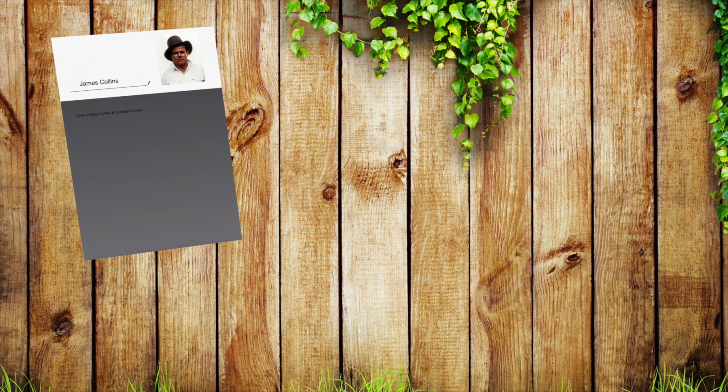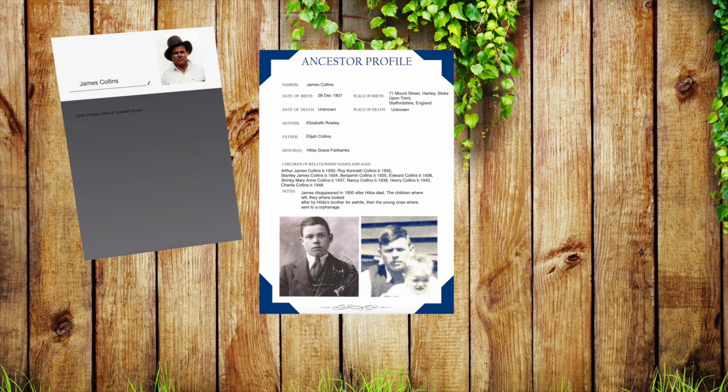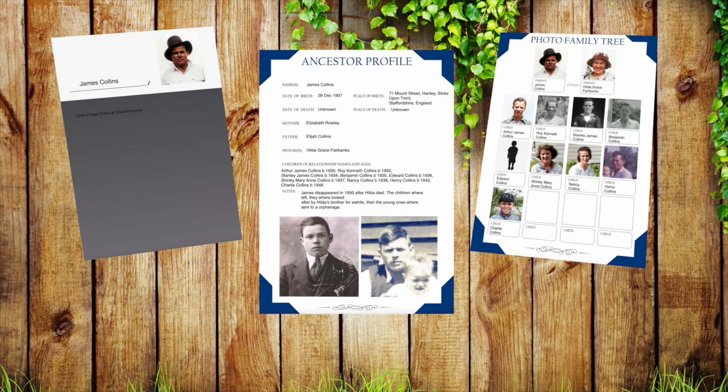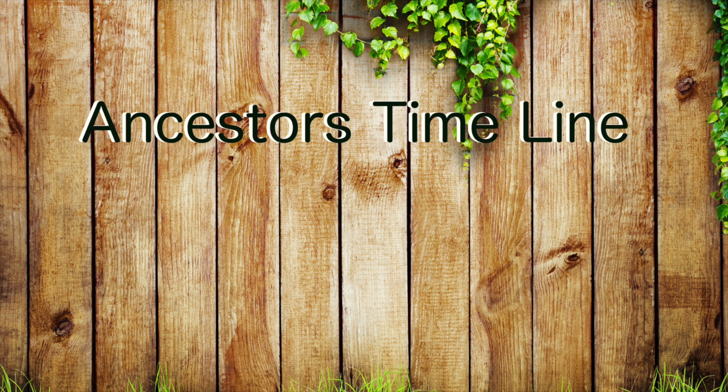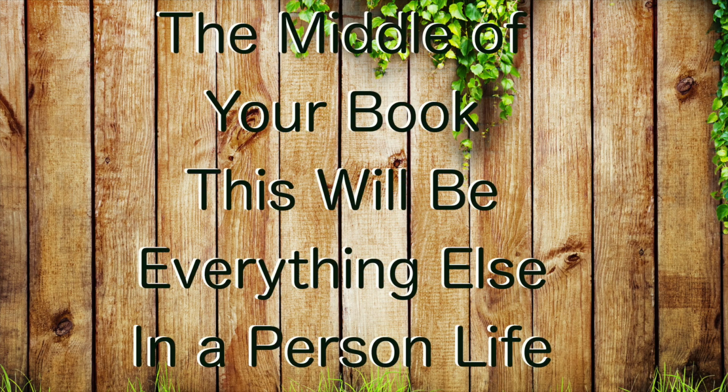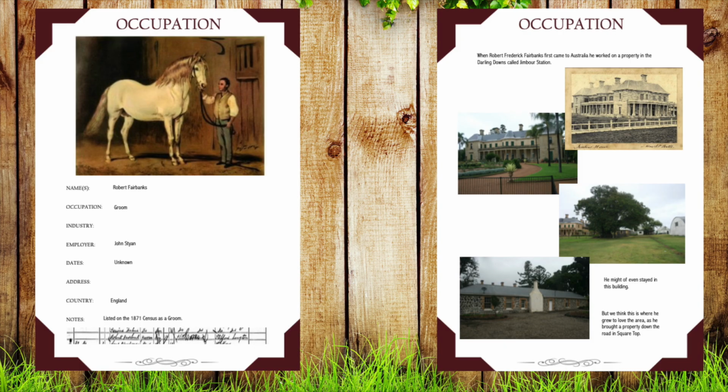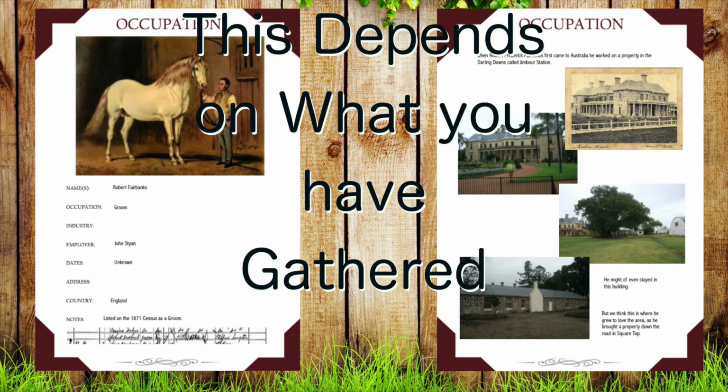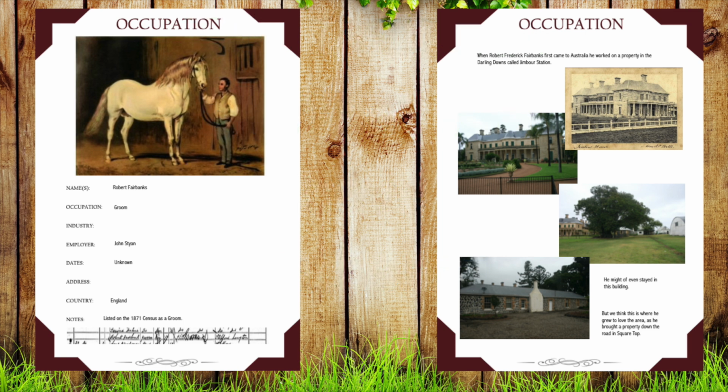Now that you've done the beginning of the book with the information about your ancestors' family, now it's time to do the timeline part of the book, or the middle of the book. This part will depend on the information you have on your ancestor.